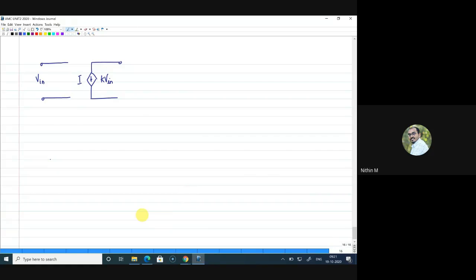Say I am connecting a load here. I'm connecting a load device, say RL, and I'm taking voltage across this. So I can write V out as minus K into V in into RL, right? So if I write, Av is equal to minus K into RL.